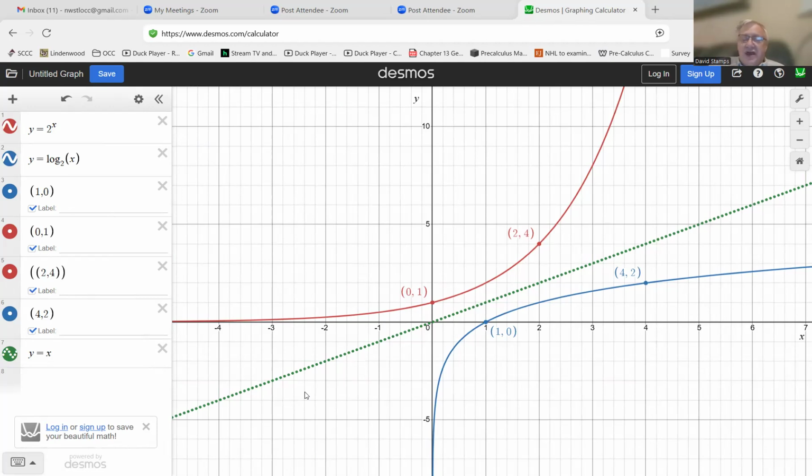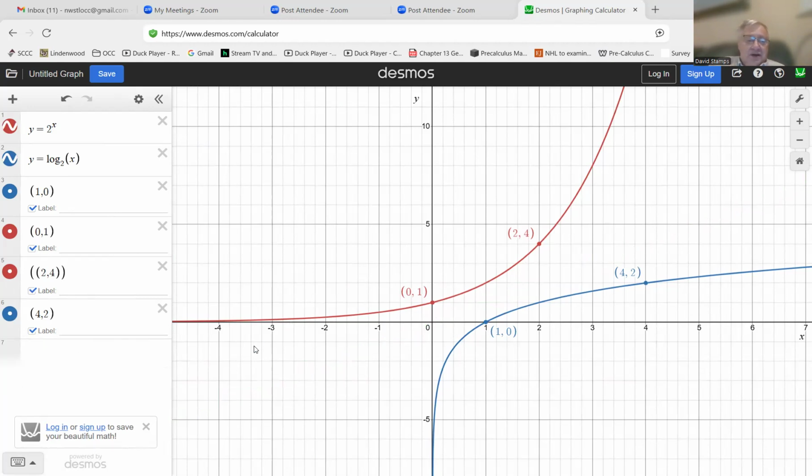That's a fact to know, and sometimes it can give you a sense of what this graph should look like, or whether the graph I have is the inverse function. So let me get rid of y equals x.